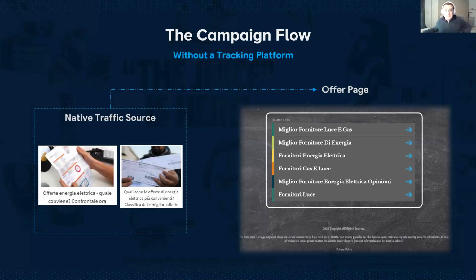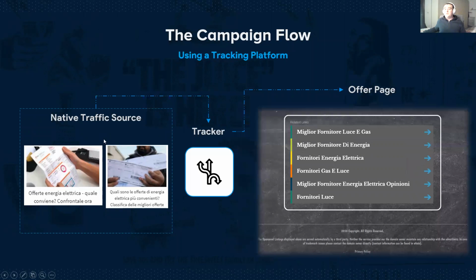When we're not using a click tracker, we will directly go from the native traffic source or native inventory to the offer page. And when using a click tracker, we will be able to pass through the click tracker and then go to the offer page. Now, what happens in this middle point here is that we are able to first redirect the traffic.